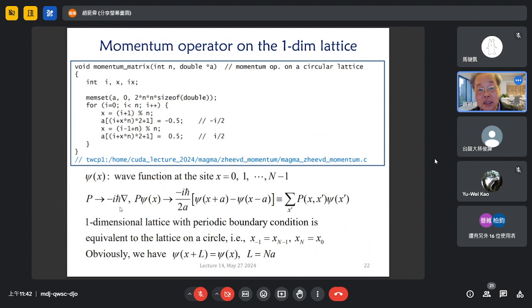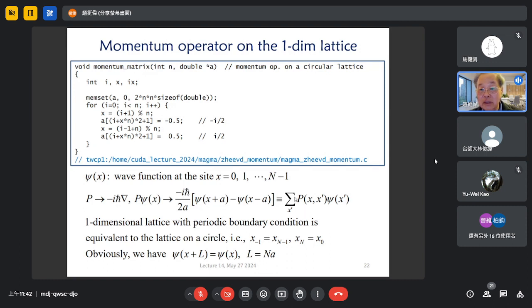It can be written as this. The gradient can be written as a central difference, the forward minus the backward, divided by 2a, with x plus a and x minus a.